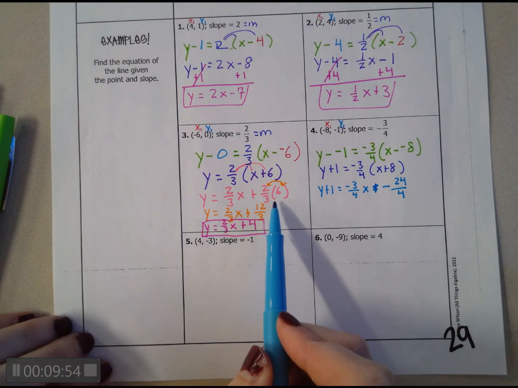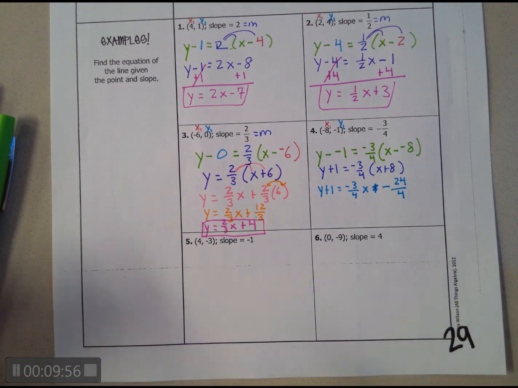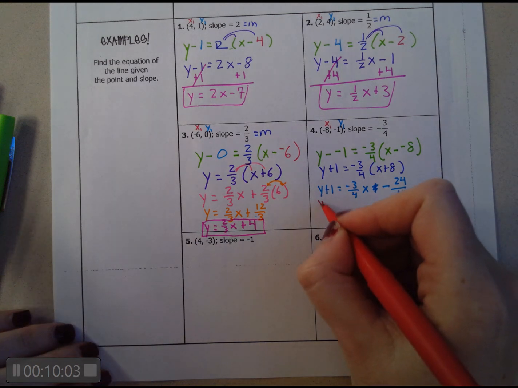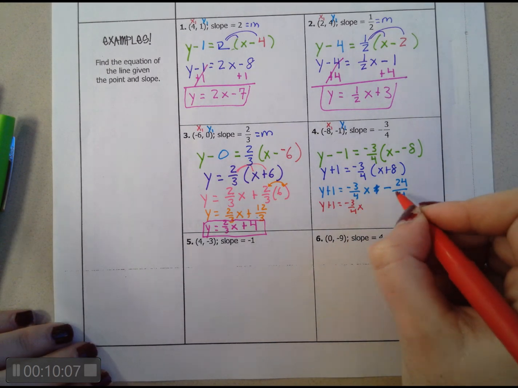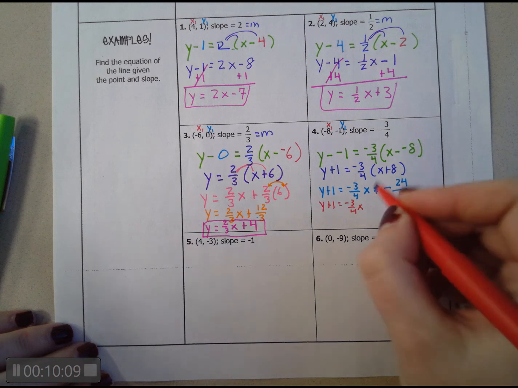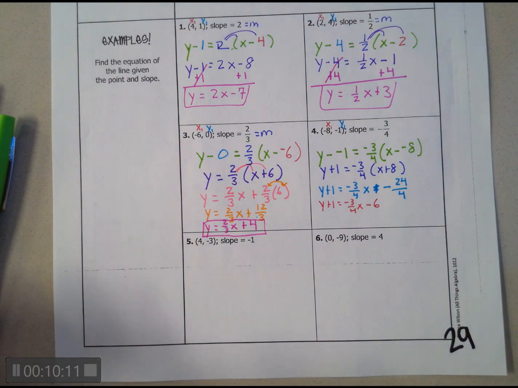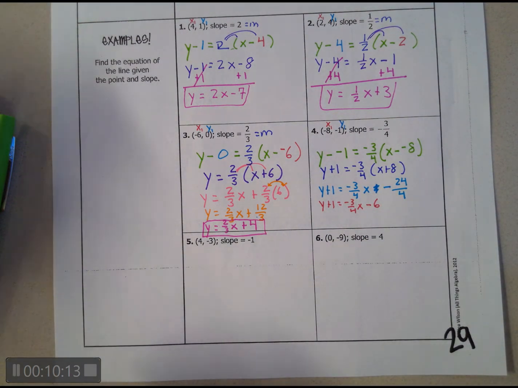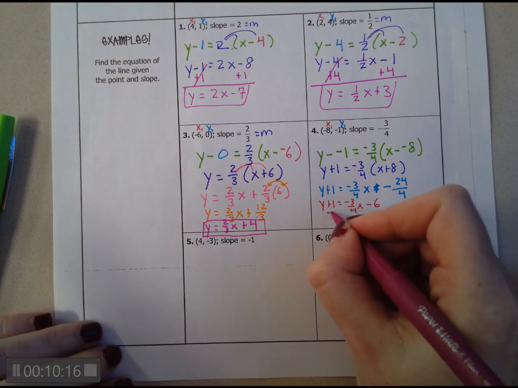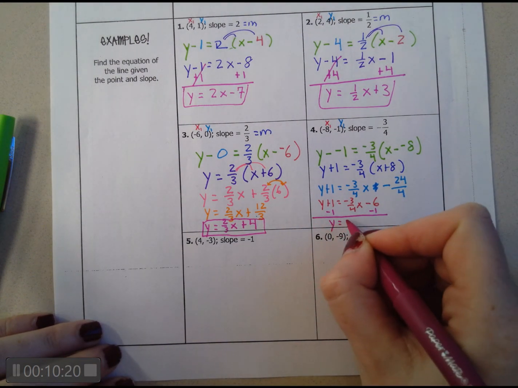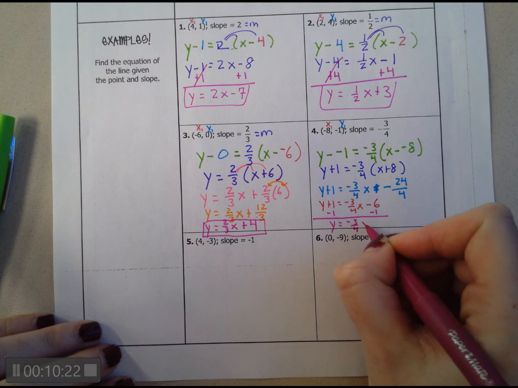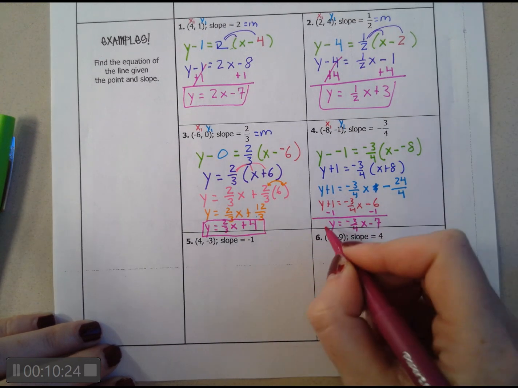If you noticed, I skipped this step and went straight to this one. Okay. Alrighty. And then I'm going to simplify a little bit. And then negative 24 divided by 4 is going to give me negative 6. I'm going to subtract 1 from both sides. So y will equal negative 3/4 x minus 7.